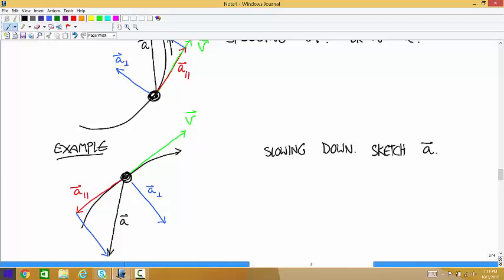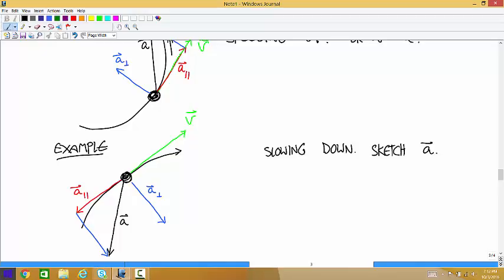So if you had an object in 2 dimensions that was only speeding up or slowing down, how does the acceleration vector relate to the velocity vector? If it's not turning at all, it's only speeding up or slowing down, what do you know about the acceleration? It's the parallel part that's non-zero.